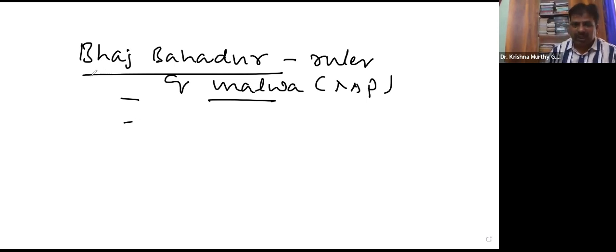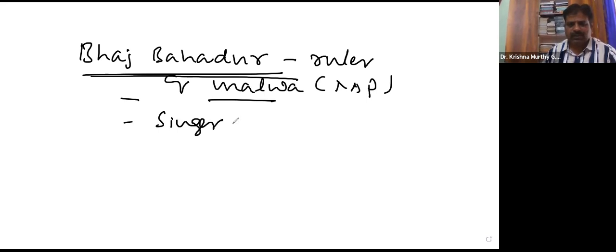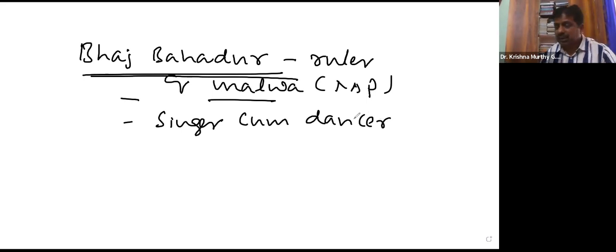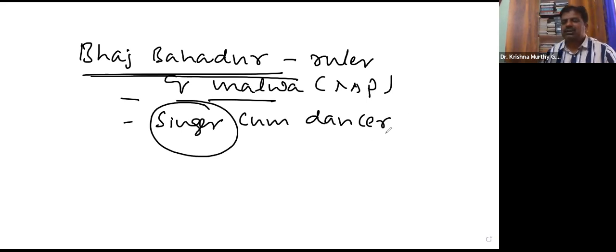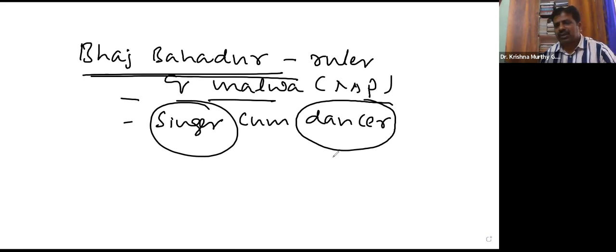So Baj Bahadur was not only a ruler of Malwa, he was also a well-known singer and dancer. He was not only a ruler, he was also a singer of Hindustani music and a well-known Kathak dancer.